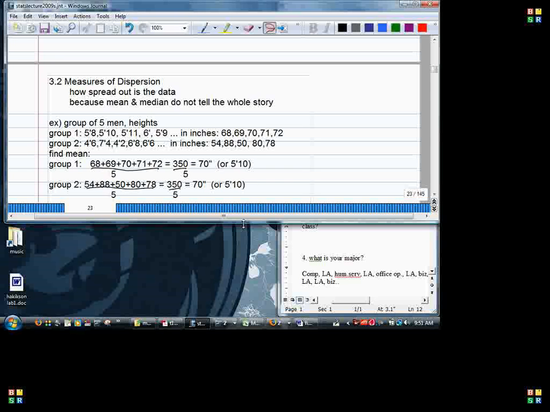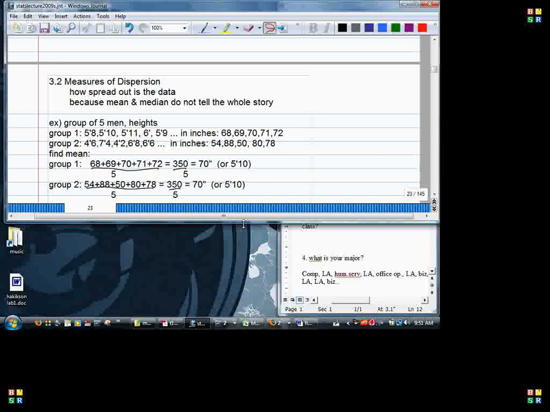Can you think of a really simple way numerically, like with a number, to describe how spread out the data is in group 1 versus group 2? So Oshra, you said between 4'6" and what? Between 4'6" and 4'2".